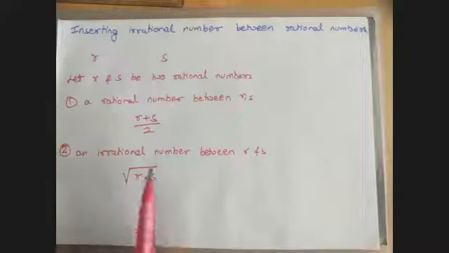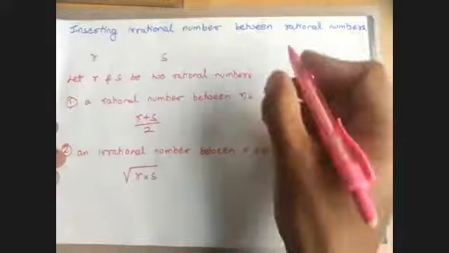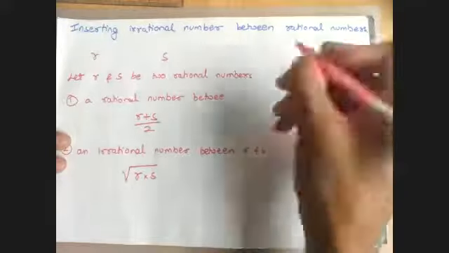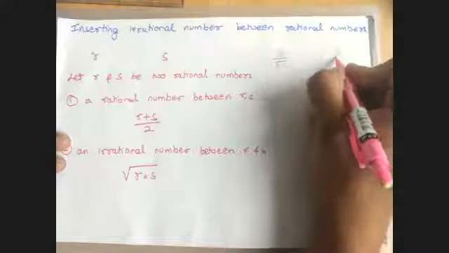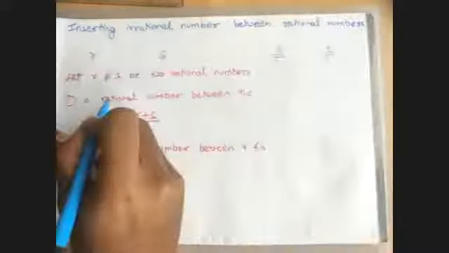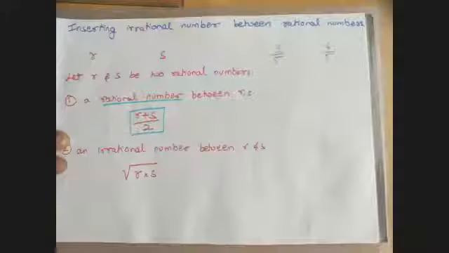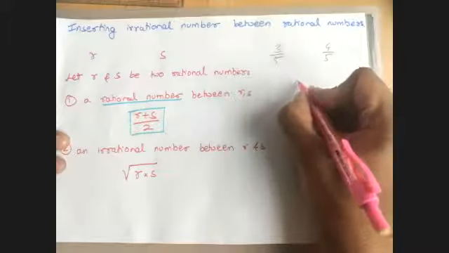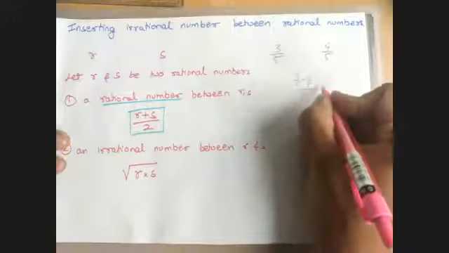Now let us look at how to insert an irrational number between rational numbers. We have already seen how to insert a number between 3 by 5 and 4 by 5. Let us take two rational numbers r and s. To insert a rational number, we know that it is r plus s by 2, that is 3 by 5 plus 4 by 5 by 2, which equals 7 by 10.